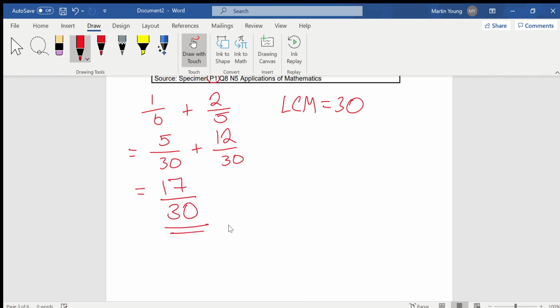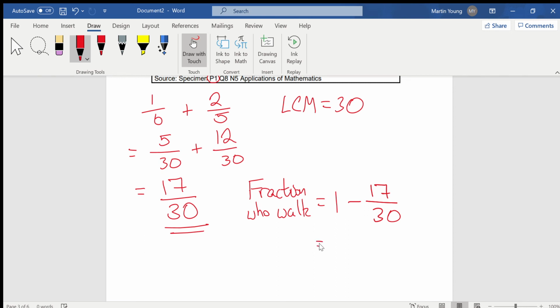And then to find out what's left, so this is the fraction that walked, I'm going to subtract from 1, because that's the whole amount. 1 is obviously the whole part. So 1 take away 17 over 30. Again, hopefully you can see that to go from 17 up to 30, it's 13. So it would be 13 over 30. That's one way to look at it.